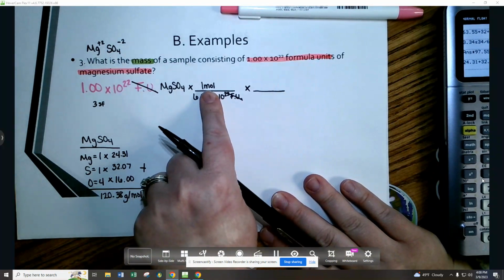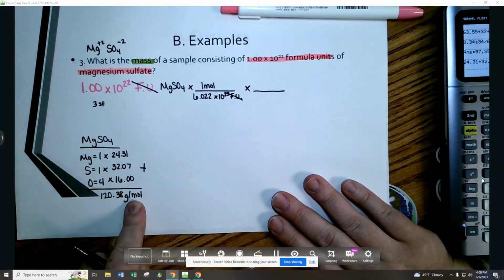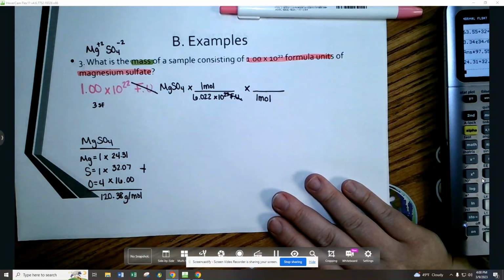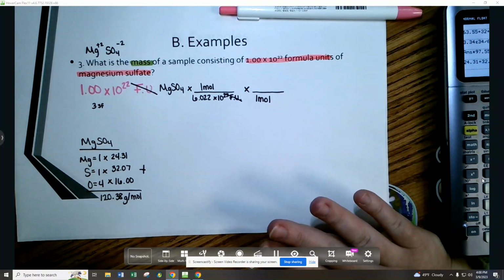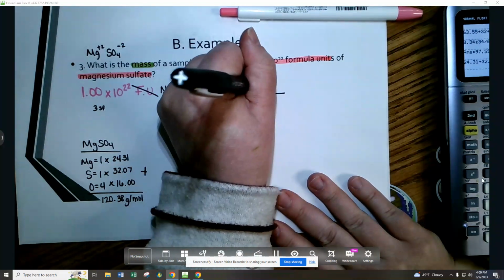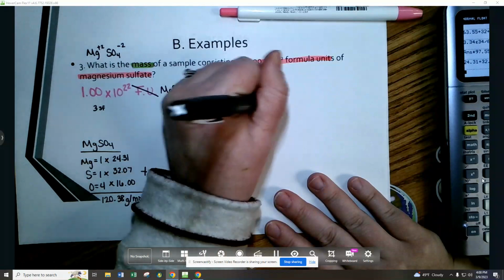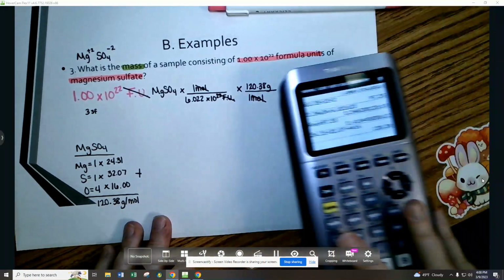I know that I have moles here. Therefore, I need to divide by the mole portion of my molar mass. And that tells me that my mass of the MgSO4, the 120.38 is my numerator. And I see the elimination of moles.